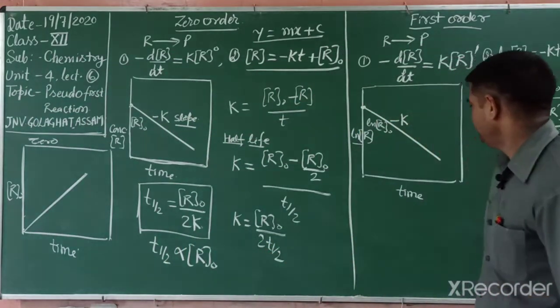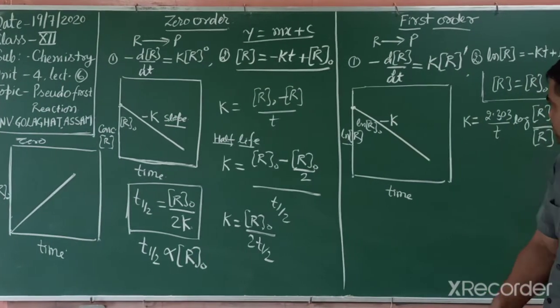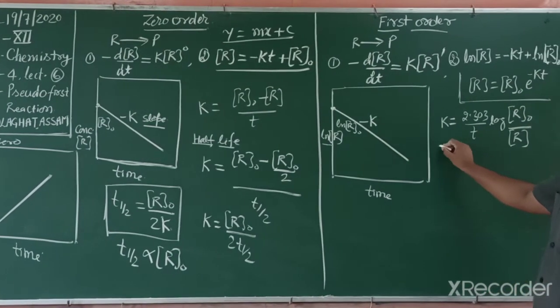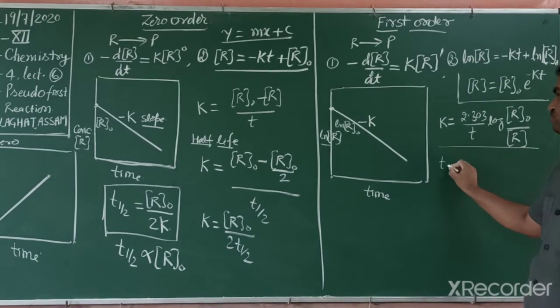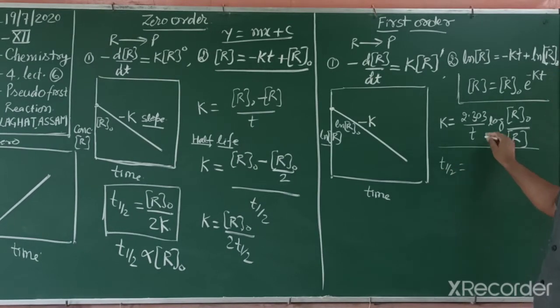For first order, how can you write? For first order, if t is equal to t half, then r changes into r naught by 2. So we can write k is equal to 2.303 by t half, log r naught divided by r naught by 2.